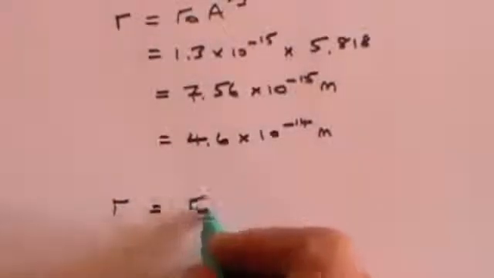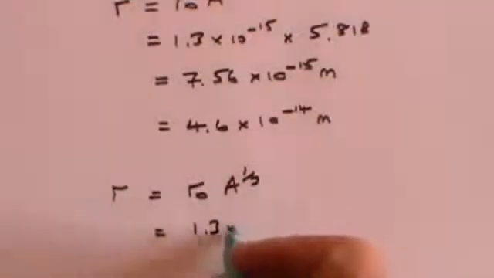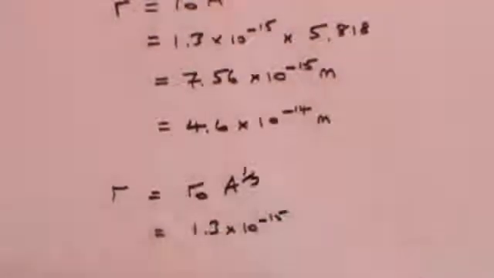Let's also consider the radius of lead. That will be again R0 times A to the 1/3. We'll use 1.3 times 10 to the minus 15 again. This time lead has the value of neutrons plus protons of 208.